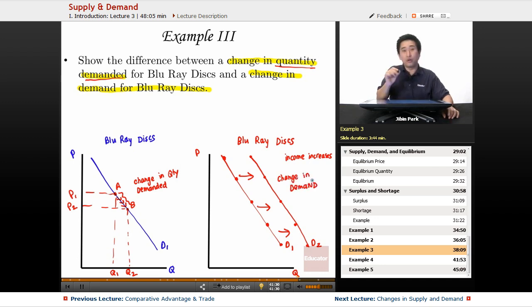When something other than the price of the actual product changes, then there's a change in demand. Here, there's merely a change in quantity demanded. So again, it's good to know what causes a change in demand versus a change in quantity demanded. Same thing applies to a change in quantity supplied versus a change in supply as well.